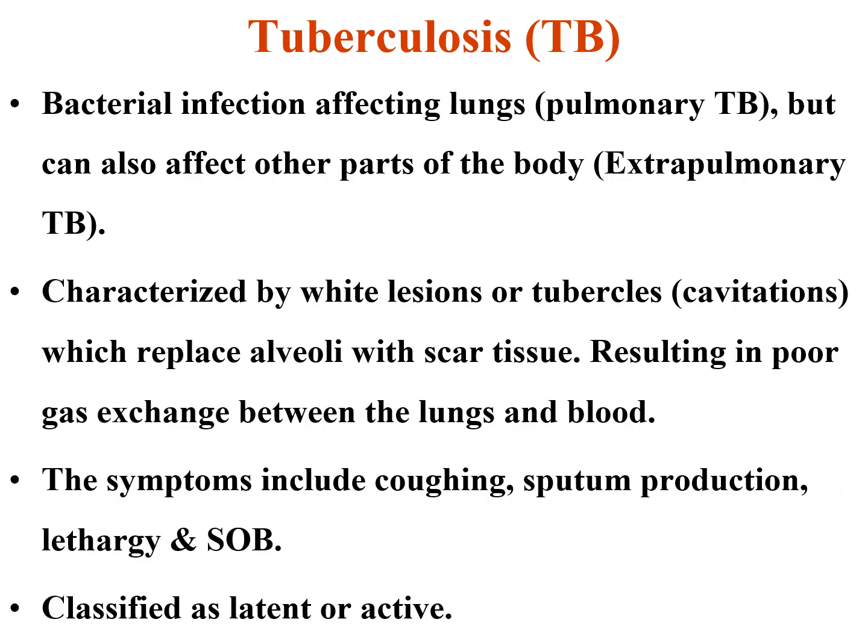This results in poor gas exchange between the pulmonary capillaries and the alveolar air sac. Now, the symptoms include, of course, coughing and sputum production, as well as generalized malaise or lethargy, as well as dyspnea or shortness of breath. And TB can be classified as either latent or active TB.